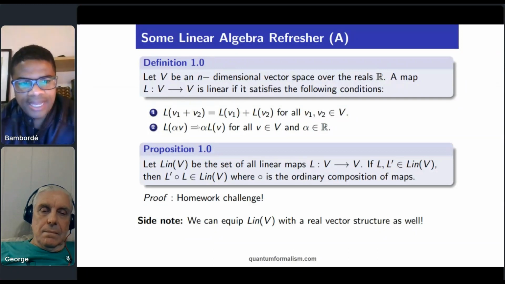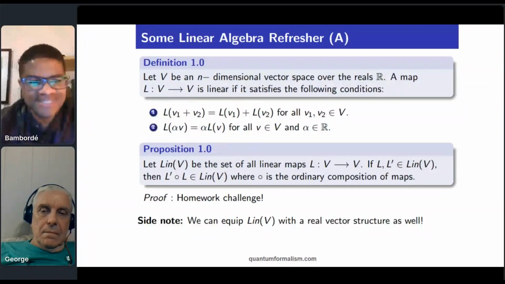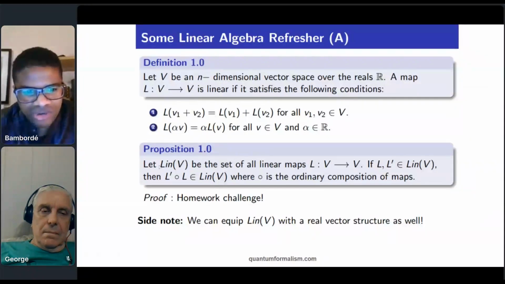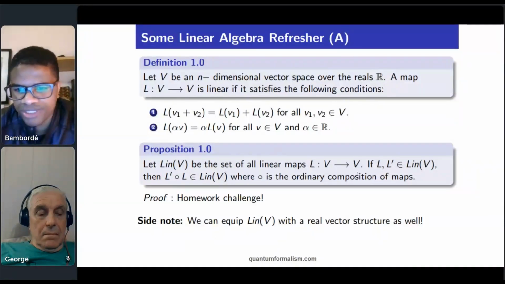A linear map satisfies these two conditions. This is kindergarten stuff for all of you here, I'm sure. You know what a linear map is. This is just my notation: let Lin(V) be the set of all linear maps from V to itself.